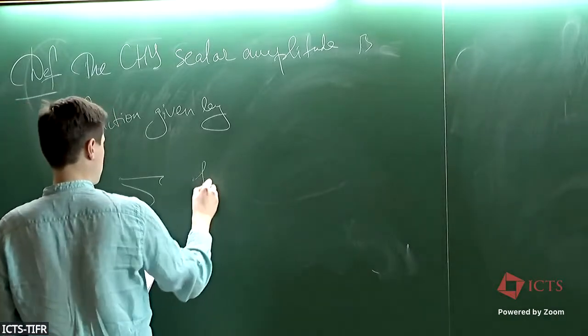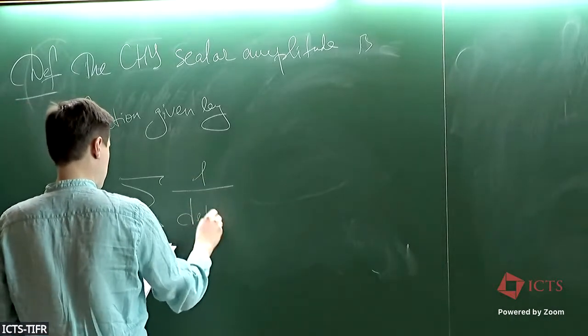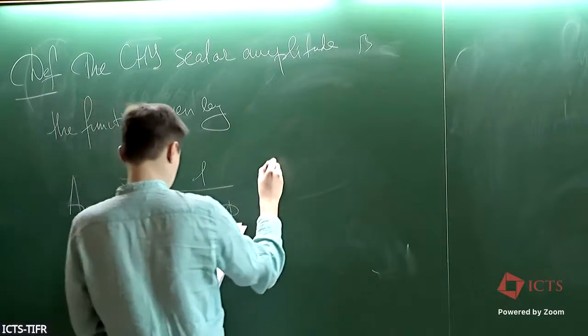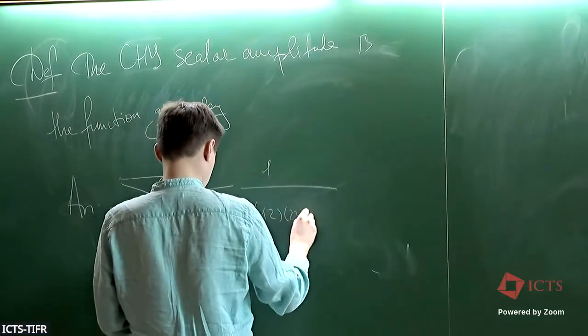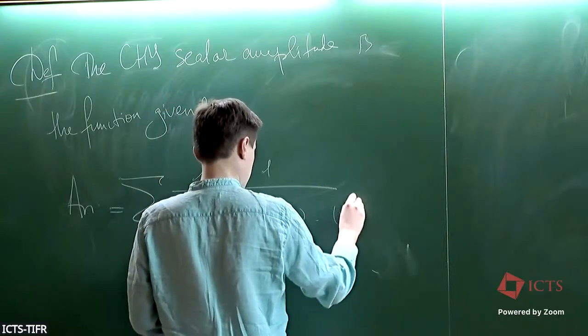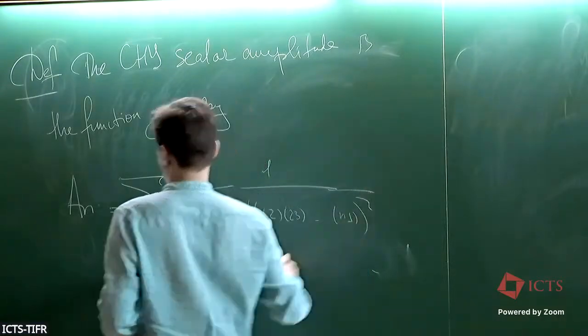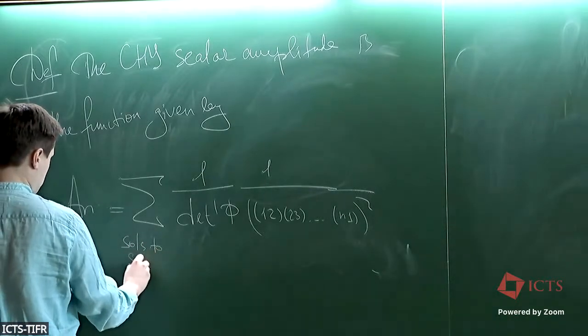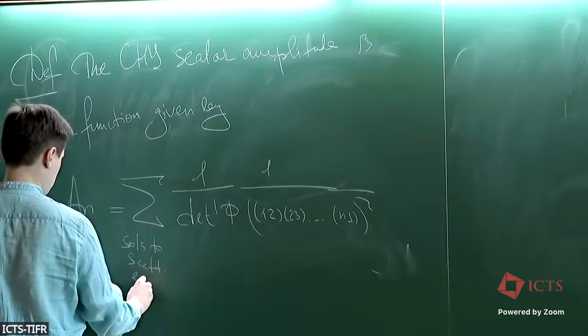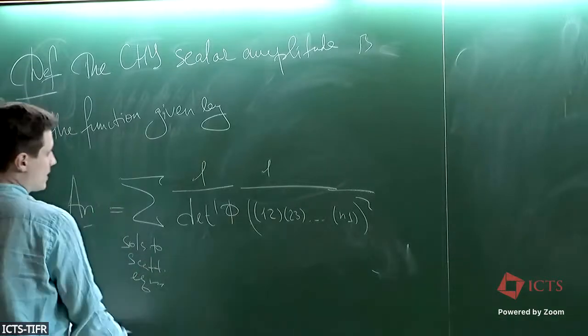So we sum the same function over the solutions to the scattering equations. And this is the amplitude.